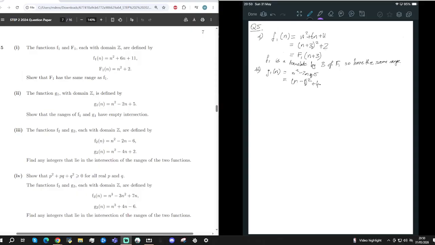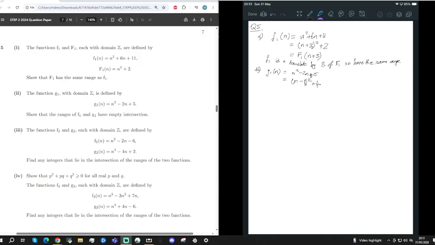We want to show that the ranges of f1 and g1 have an empty intersection. Well, we could try and put these two things equal to each other. We'll have to use different inputs. Maybe use little n and m as the two inputs and show there's no integers n or m that work. I'm slightly tempted here, again using an idea which is officially outside of the A-level course, to think about modular arithmetic.